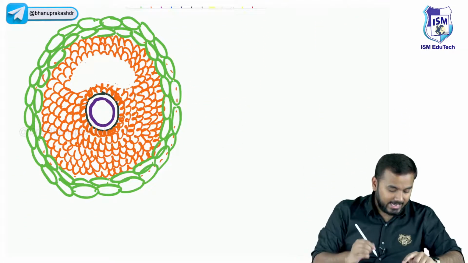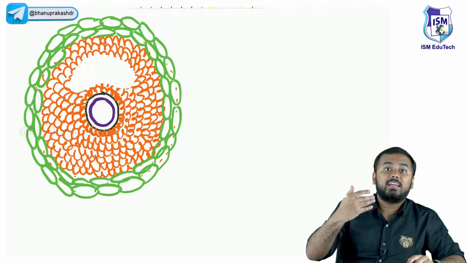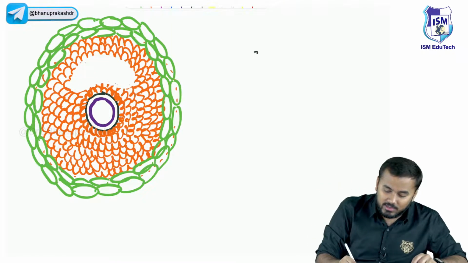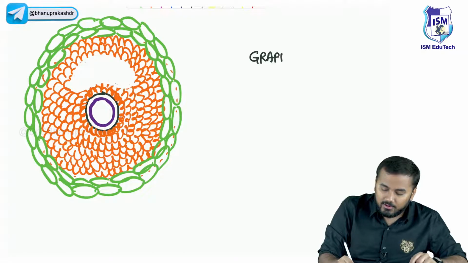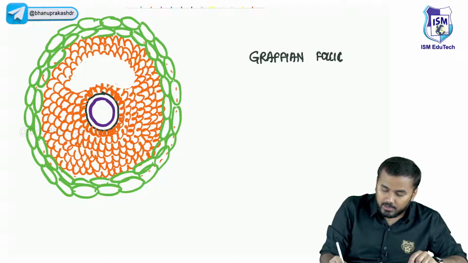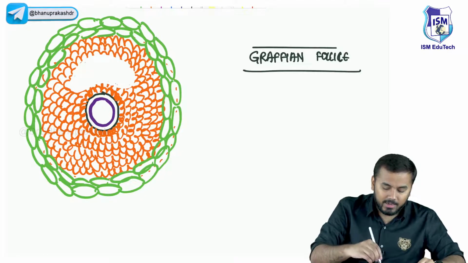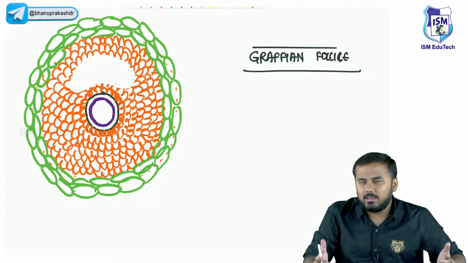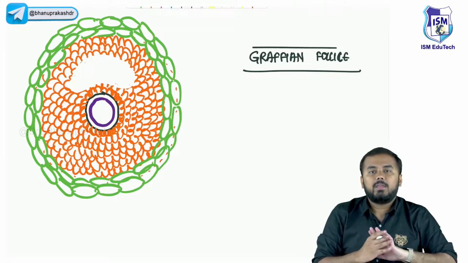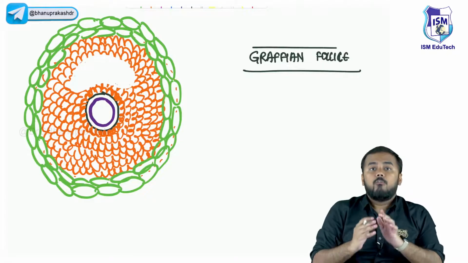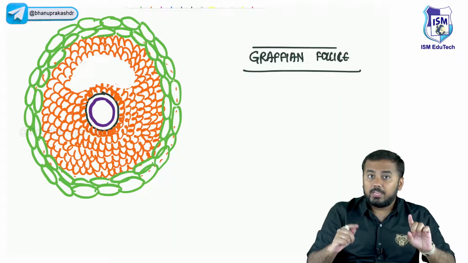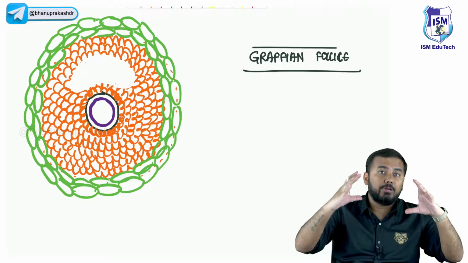This selected antral follicle will become what? Graafian follicle. Sir, what is the labeling here? There is no new labeling, it is the same labeling which you already know. So this will become a Graafian follicle. A Graafian follicle is also called a fully matured follicle.